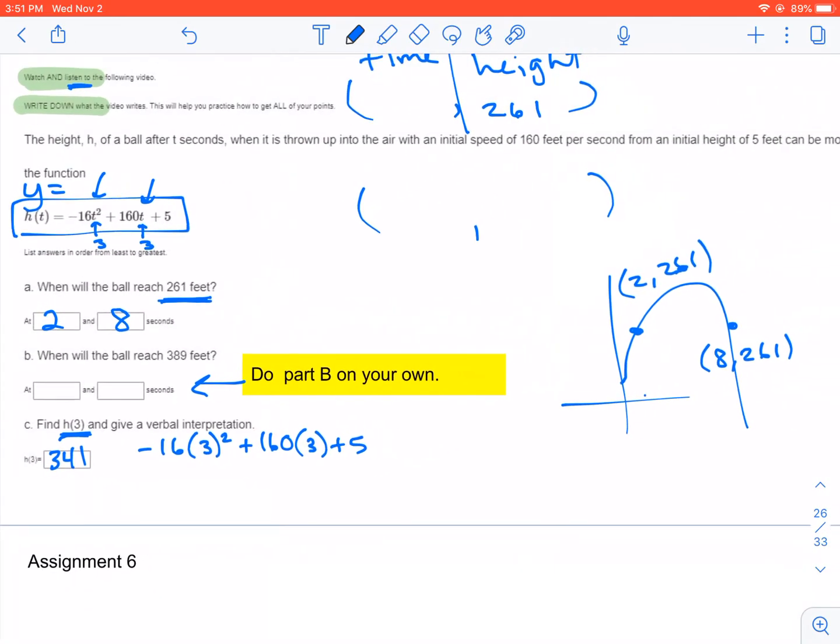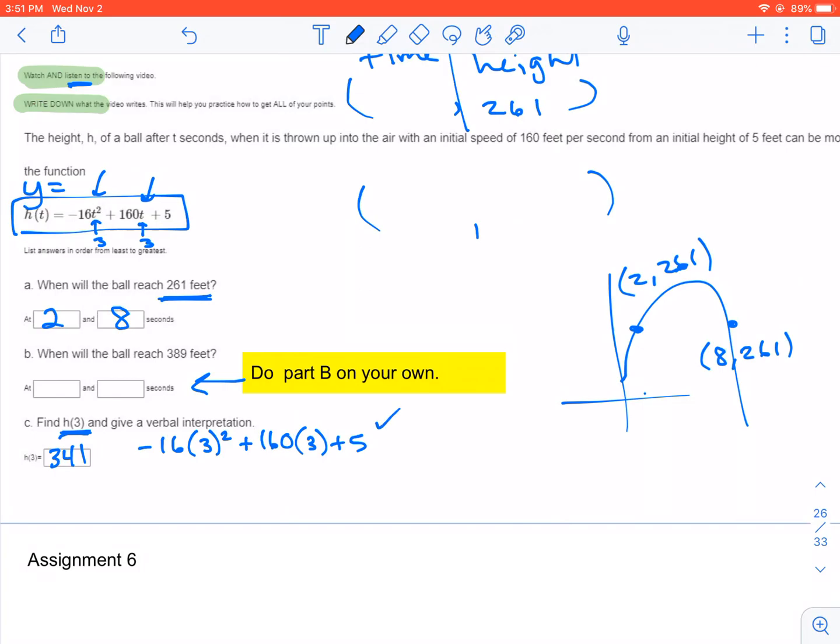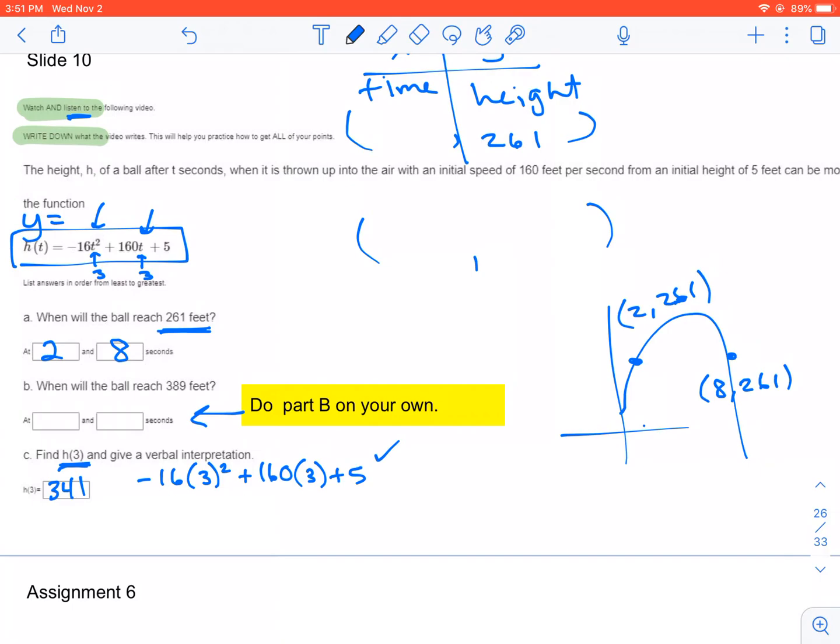So since we're showing work, that's some work that you can show what happened. Okay, and at that point, I'm going to go ahead and fill in this. We had, whenever it was a 3, it would have been 341.